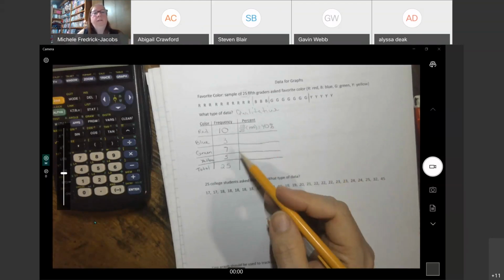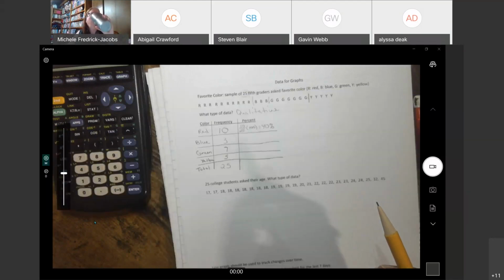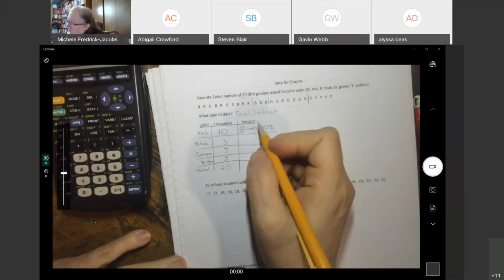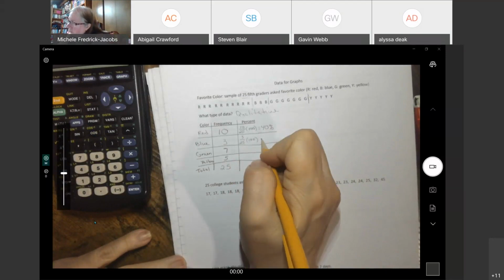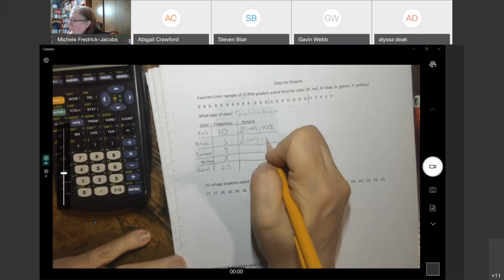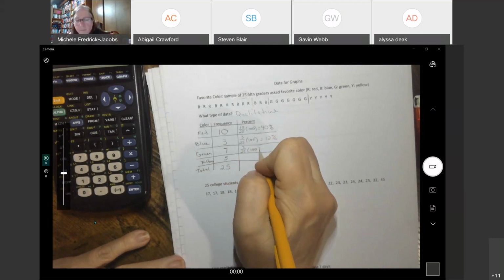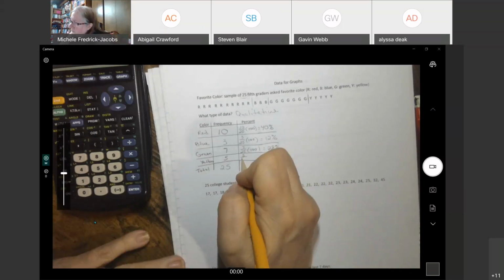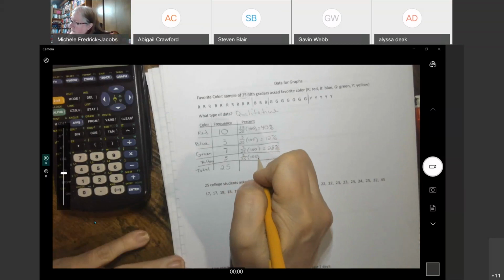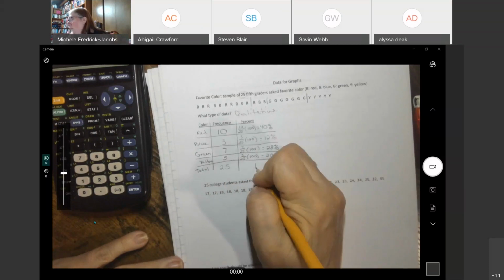Go ahead and find the other three. Then when you add these up, they should add up to 100%.